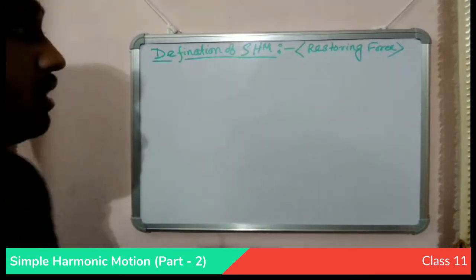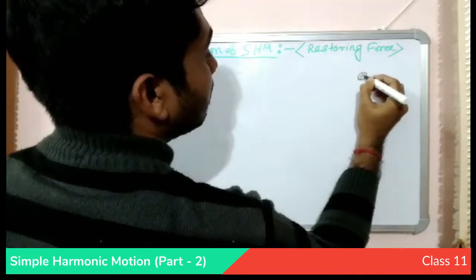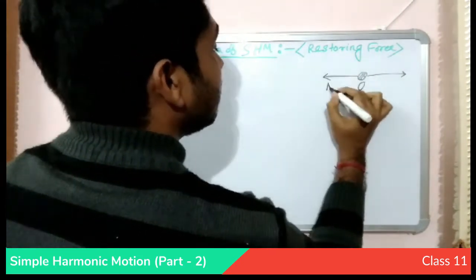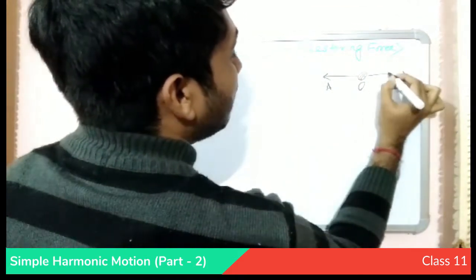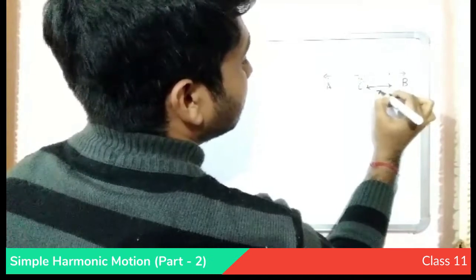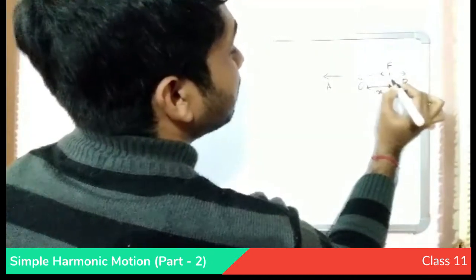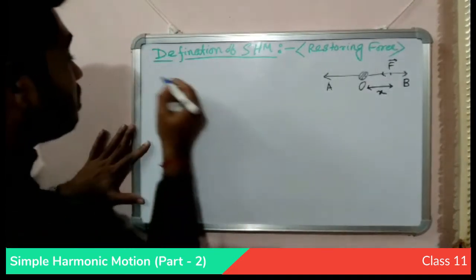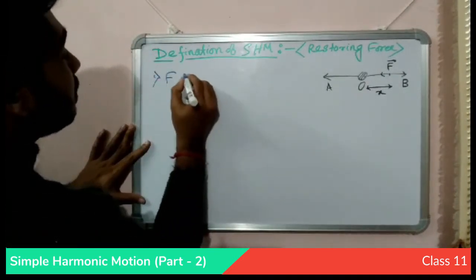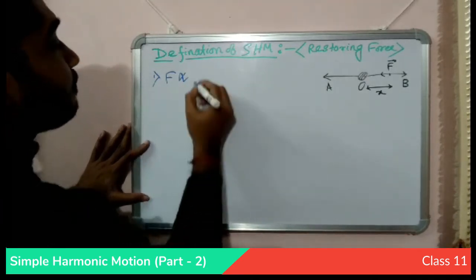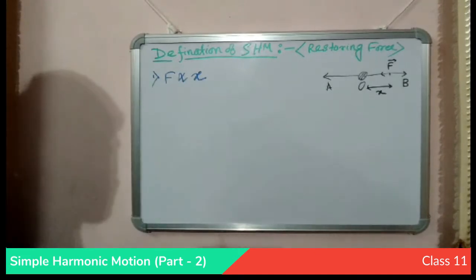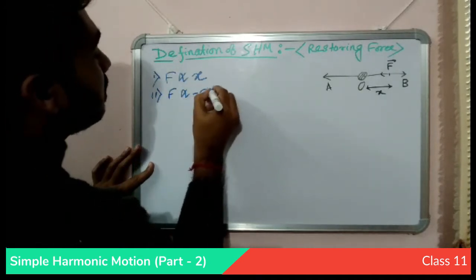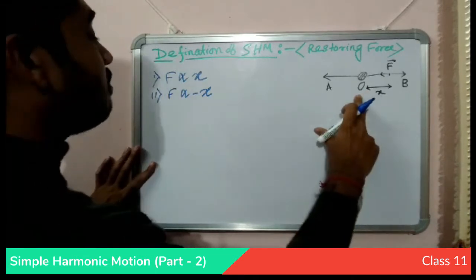Okay, so if there is a body moving like this, and this is equilibrium position, position A, position B, and at this point suppose the displacement is X and the force acting is F. So according to the characteristics of the restoring force, number one, F must be proportional to the displacement X, and another is F must be directed towards the equilibrium position.